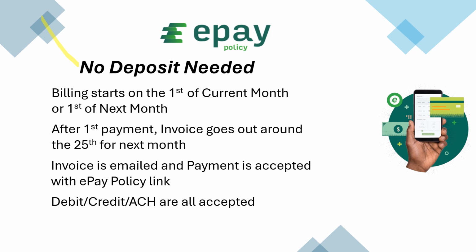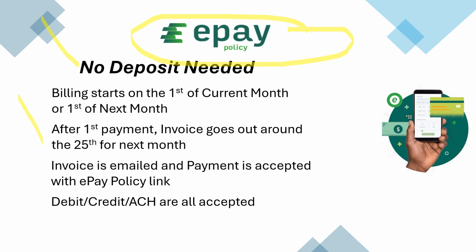After the first payment is made, the invoice goes out on the 25th for the next month's payment. The invoice gets emailed to the person in charge of making the payment, and from there we use ePayPolicy, which is fantastic. That's all they do is insurance, so they know their stuff.